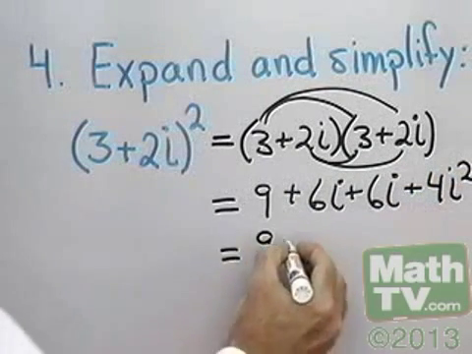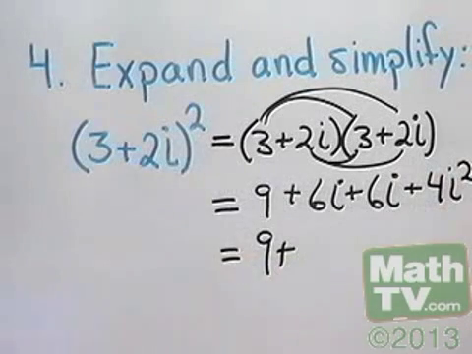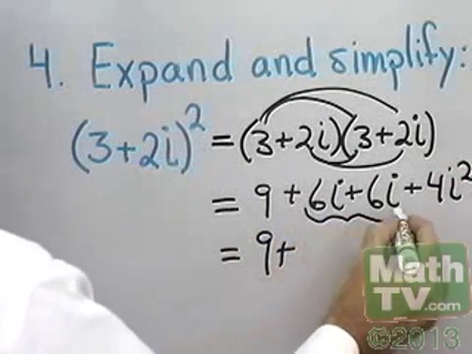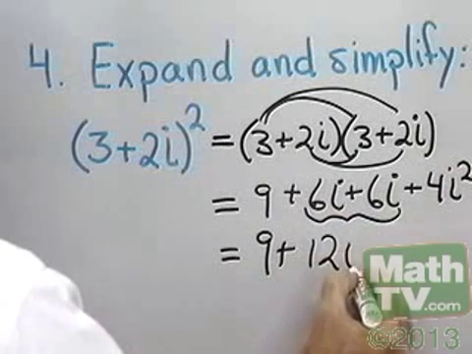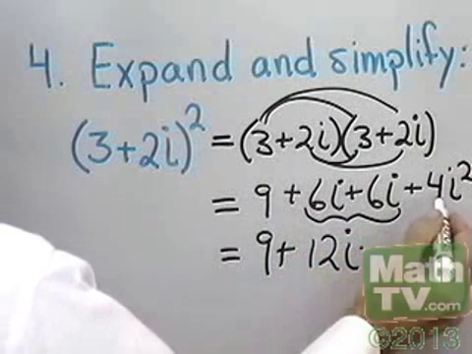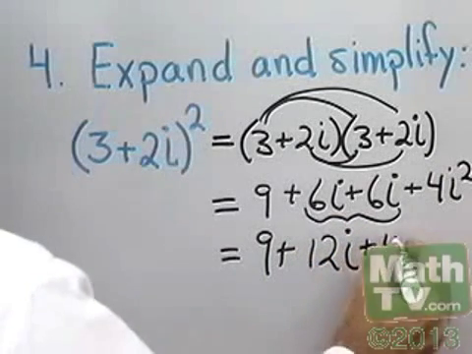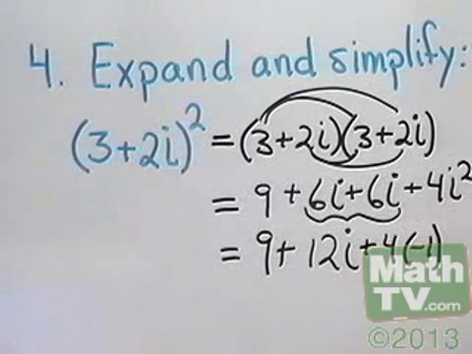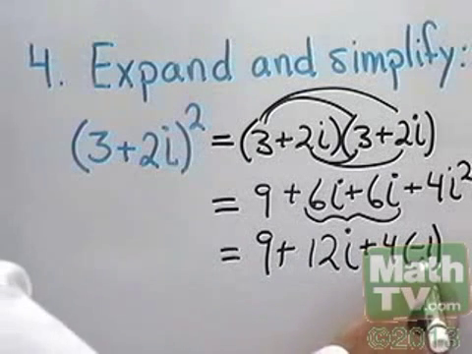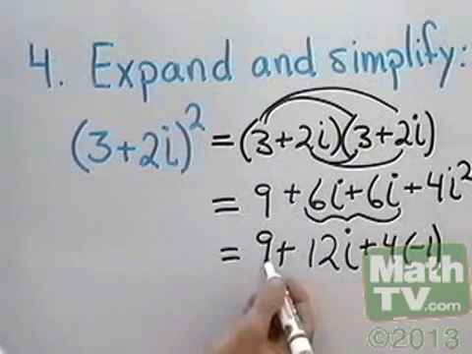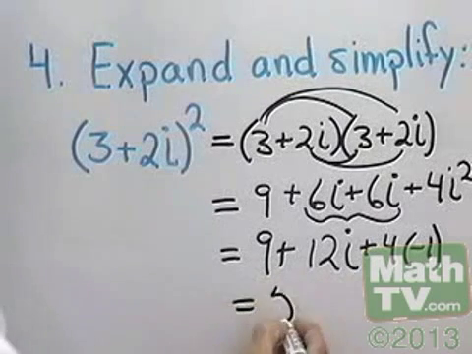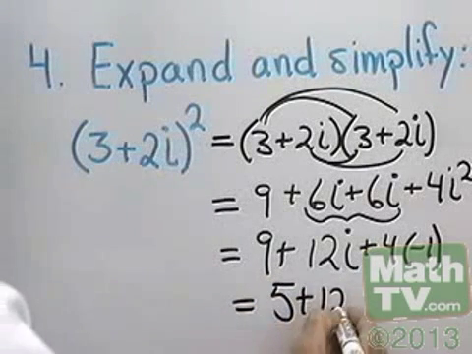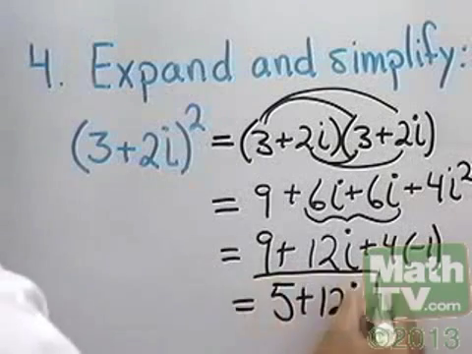So this will be 9 plus, now 6i plus 6i. These are similar terms, so I'll add these and get 12i, plus 4 times i squared, which is negative 1. So 4 times i squared is 4 times negative 1, which is negative 4, plus 9 will give me 5, plus 12i.